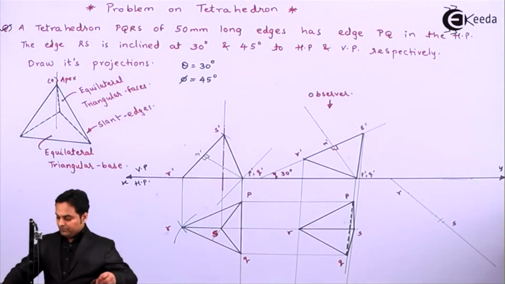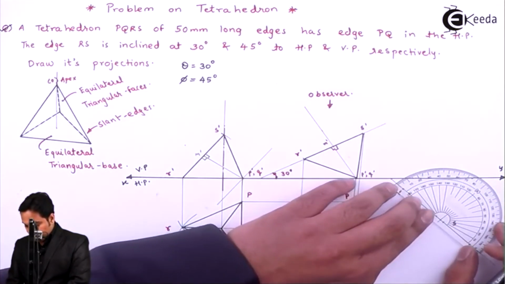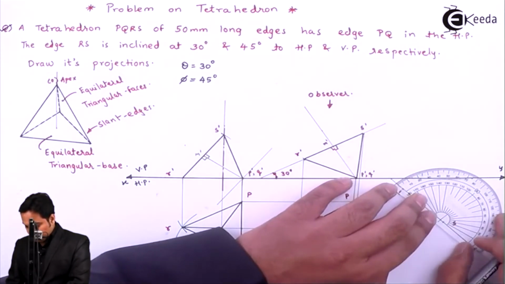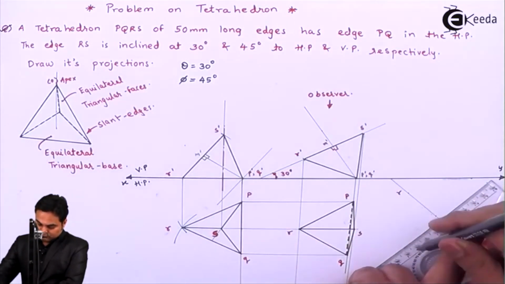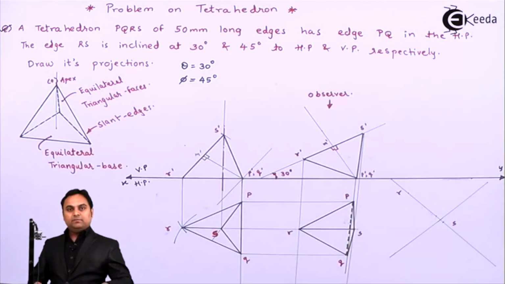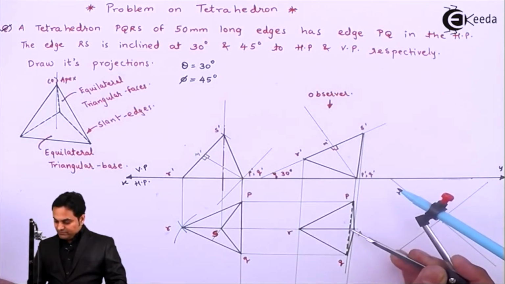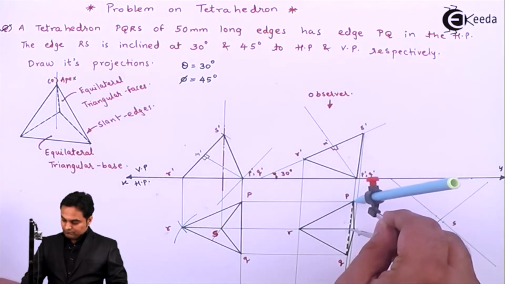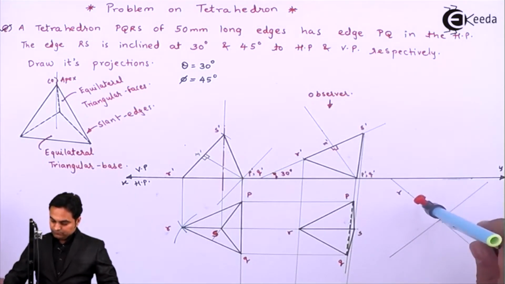So dropping a perpendicular here, drawing a light line. Next, over this I'll mark points P and Q. So measuring it from this center up to point P, and the same will be the distance for point Q.